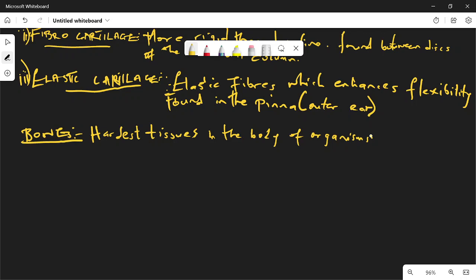And they are made up of calcium and phosphate salts. They are made up of calcium and phosphate salts.